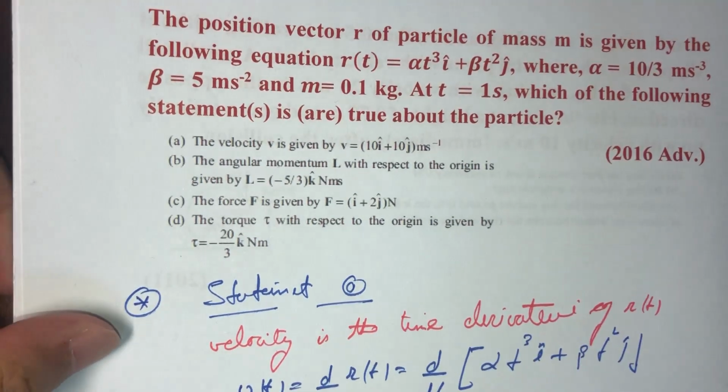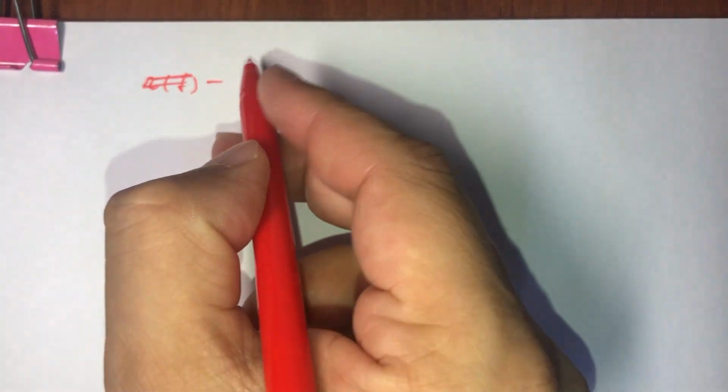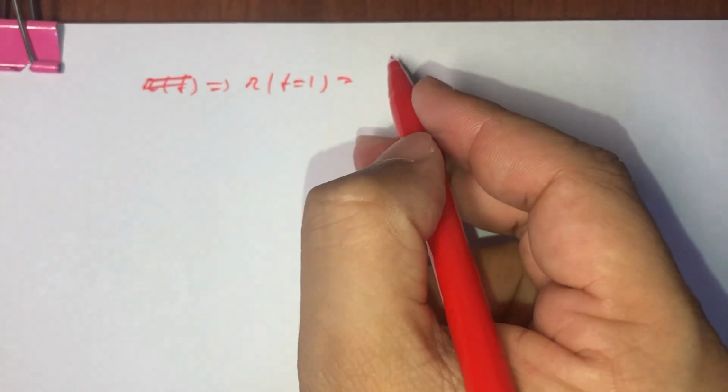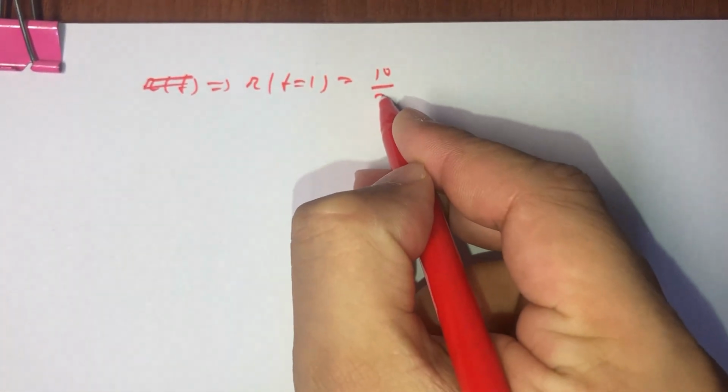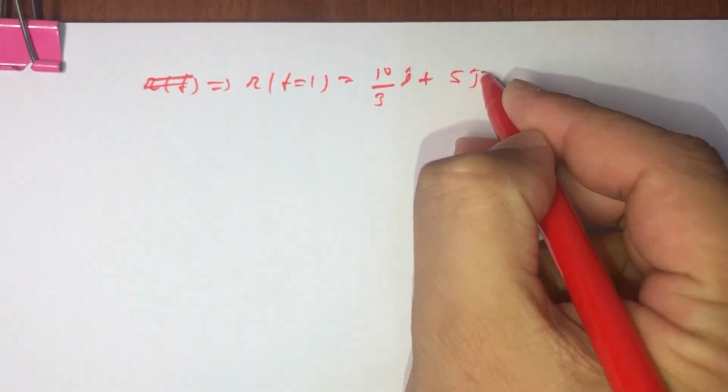So we can write that r at t equal to 1 second will be equal to 10 by 3 i plus 5j.